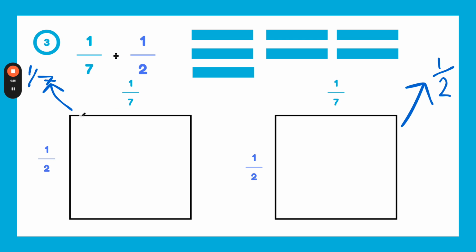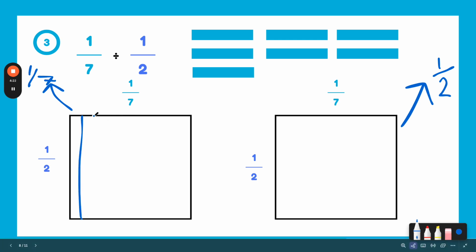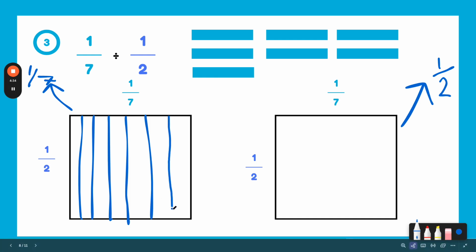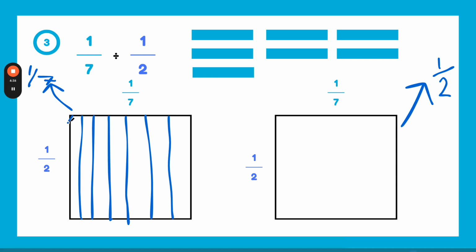So if we split our square into 7 vertically, that's 1, 2, 3, 4, 5, 6, and 7. And if we shade one of those, let's shade this one to show 1 over 7.